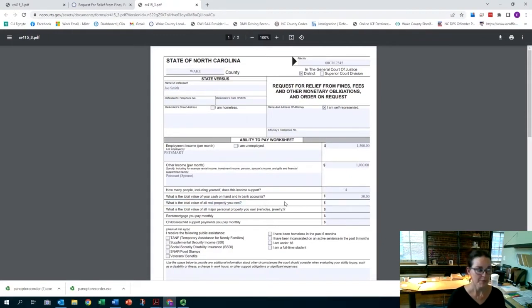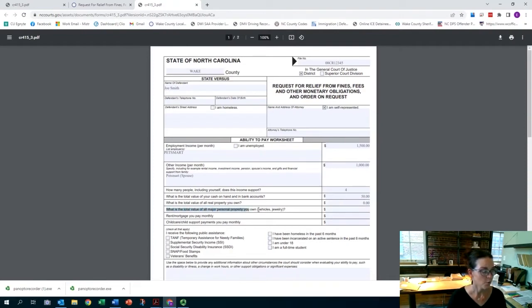Real property means houses, apartments, condos, things that you own, not things that you rent. This does not include a house where you pay a mortgage. So we will put 0 in that box.